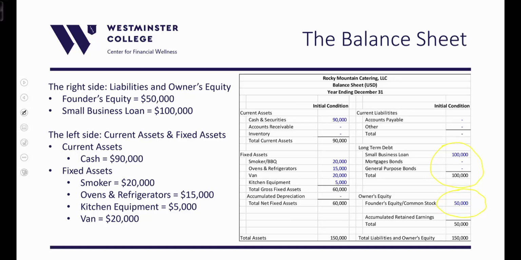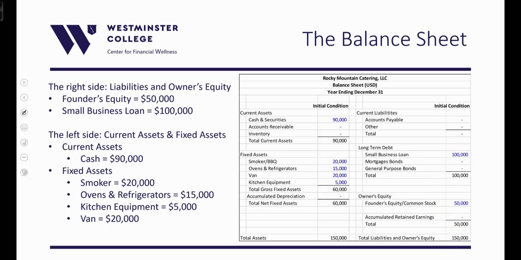We've then included the $100,000 business loan under the long-term debt part of the balance sheet. It's going to be added into total liabilities. This is now money that the company will owe to the bank or whomever they've borrowed the small business loan from. And those two items together give us a total liability and owner's equity of $150,000. So that's the right-hand side of our balance sheet.